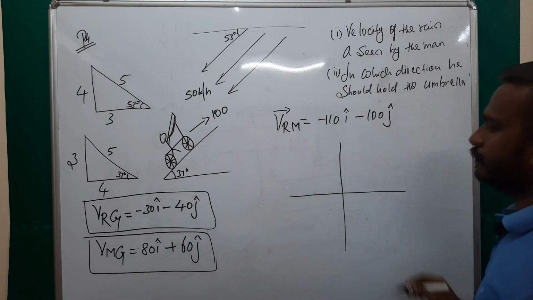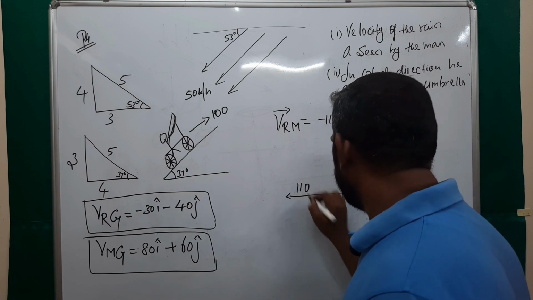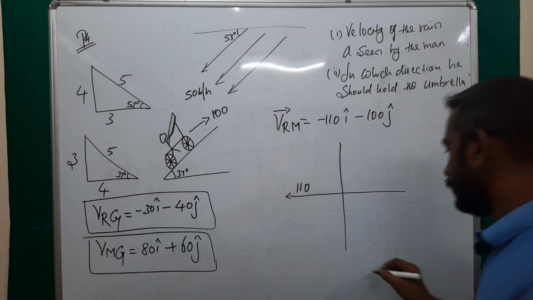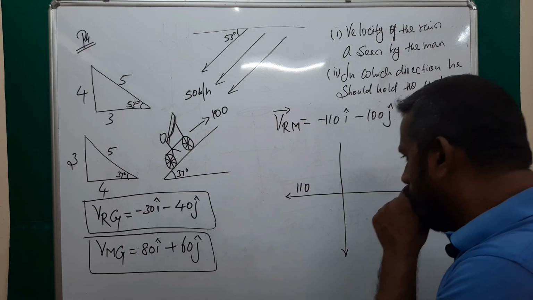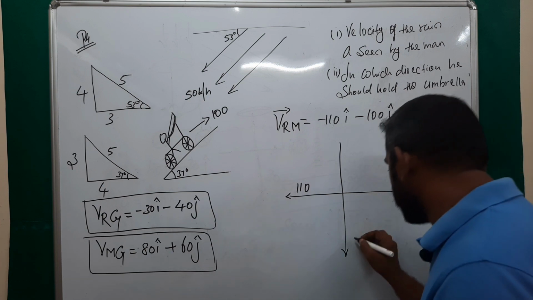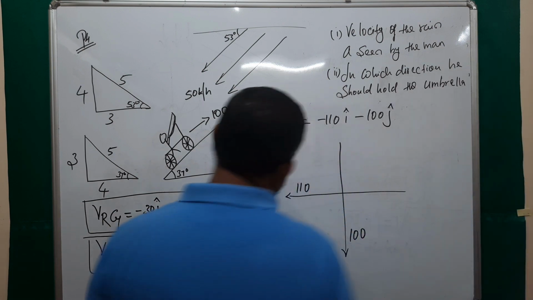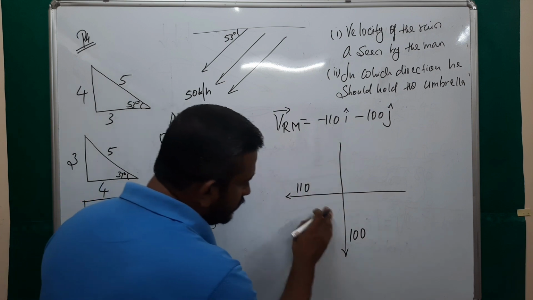Minus 110 i cap is along the negative x axis, and minus 100 j cap is along the negative y axis. So 110 in this direction and 100 in this direction.